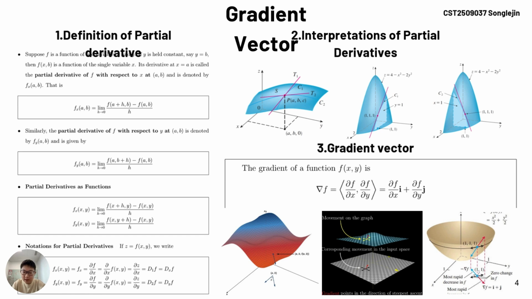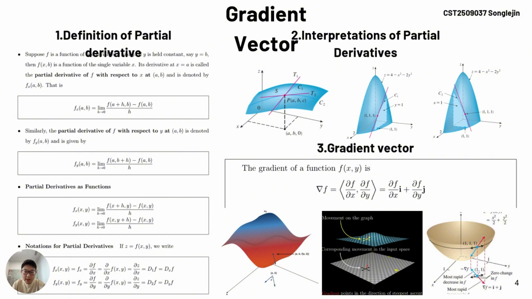It tells us how the function changes when only one input changes. For example, for a double variable function f(x, y), fx measures the change with respect to x, and fy measures the change with respect to y. And in the down left corner, there are many different notations for partial derivative.